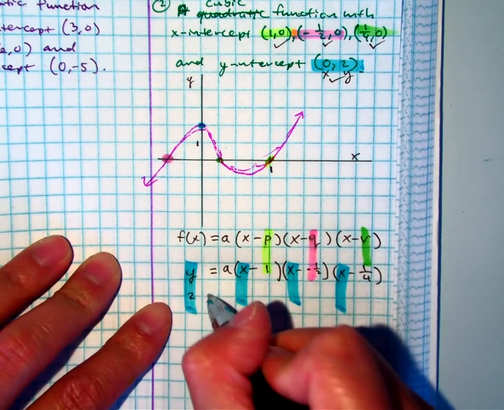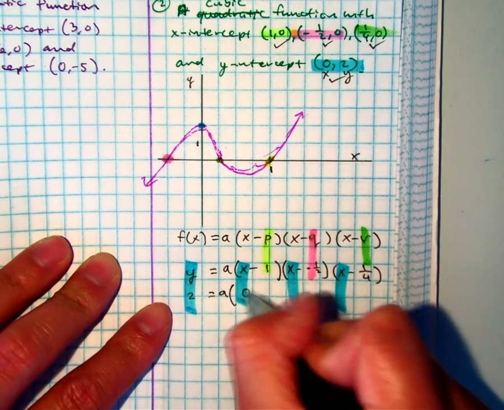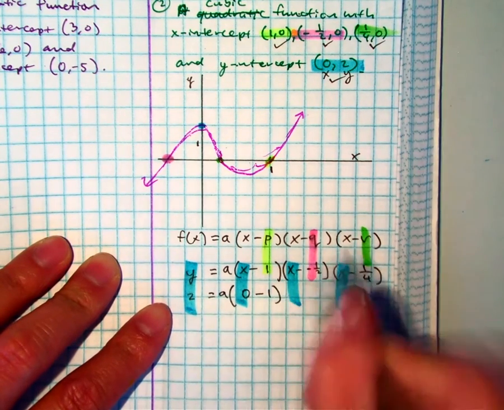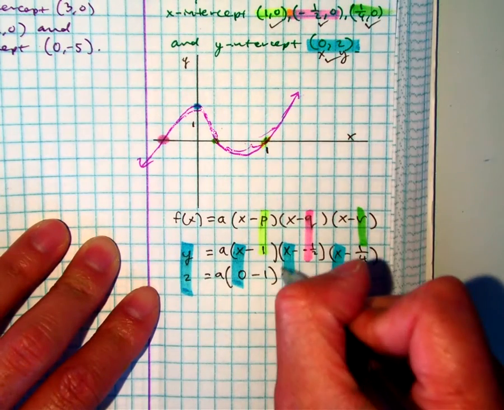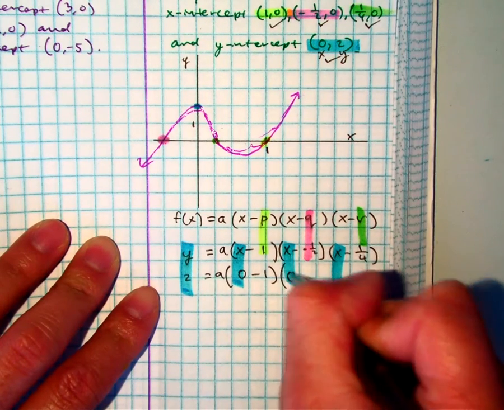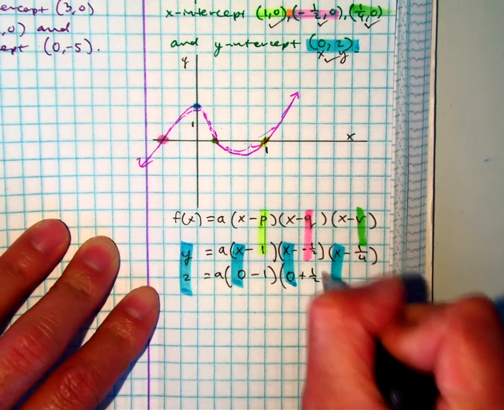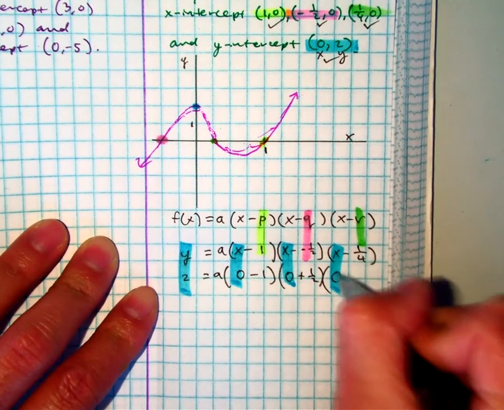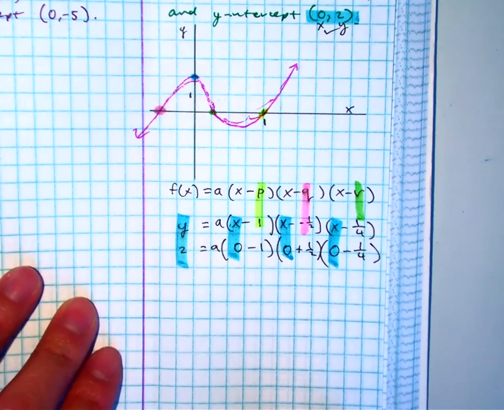So I have 2 equals a times (0 minus 1). And notice here you have 3 x's. So every x value you're going to put in a 0. This is the opposite of negative 1/2, which is positive 1/2. And then 0 minus 1/4.